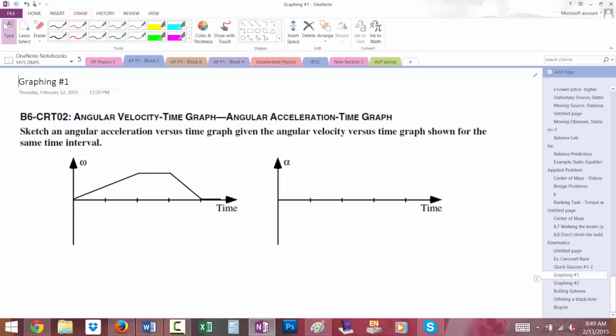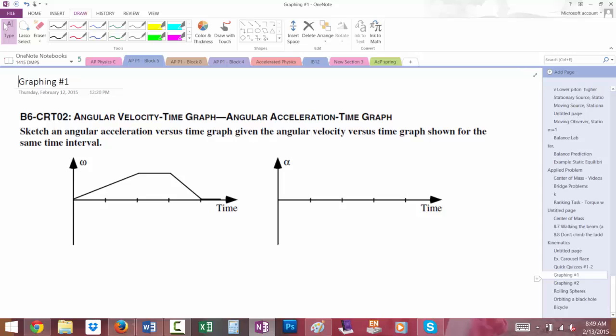Counterclockwise around the circle. And it's speeding up at first, and then it goes at an average velocity, and then it slows down, but it's still going in the same direction, right? Does that make sense to everybody? So it's going in a counterclockwise direction, and then it's going at a constant speed, and then it's slowing down, but it's still going in that same direction.